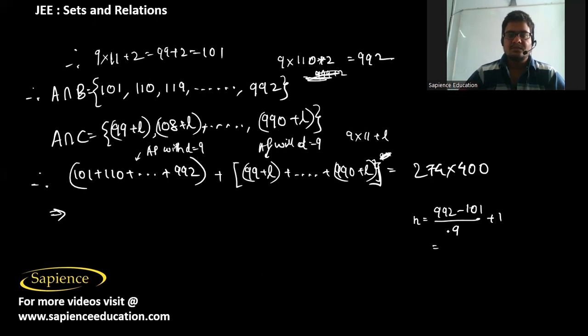That is 891 by 9 plus 1. 9 nines are 81, plus 1, so there are 100 terms here.